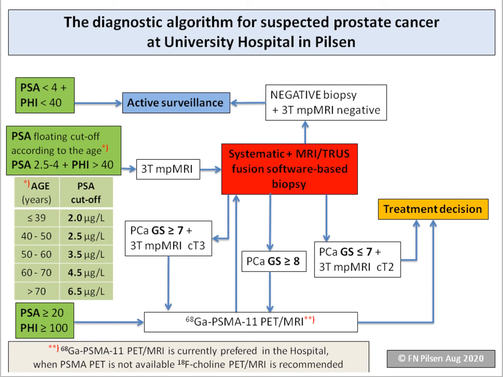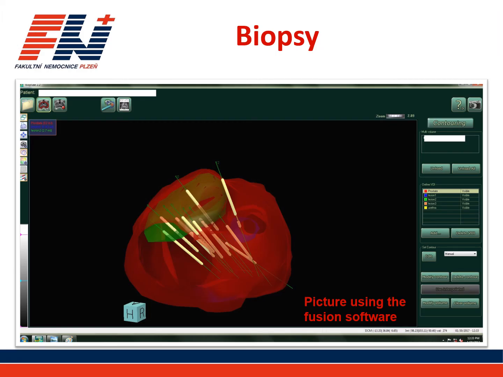Then here you can see different types of imaging techniques, and in the middle of the algorithm is biopsy, because biopsy is absolutely necessary for the next decision about the patient. And here you can see a picture of the prostate with bioptic needles, 10 bioptic needles. This picture was created using Fusion software.